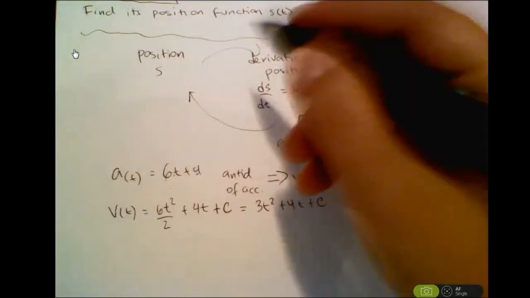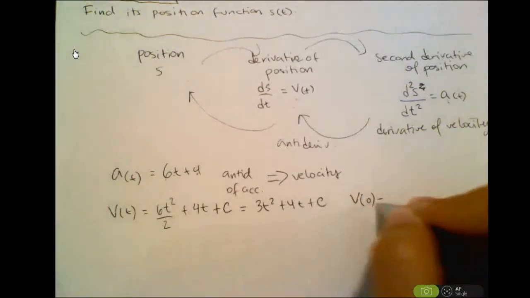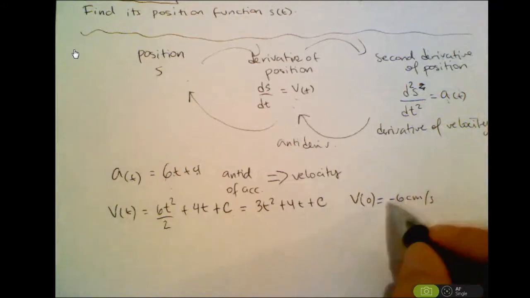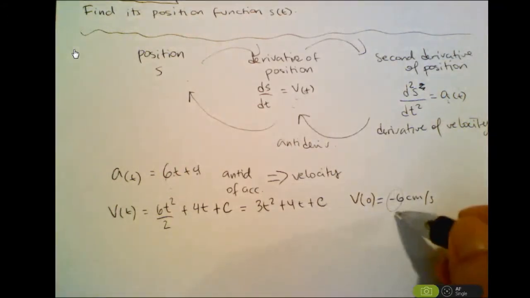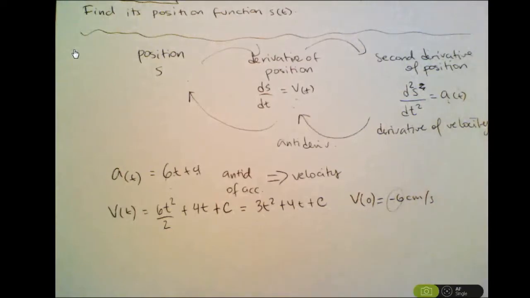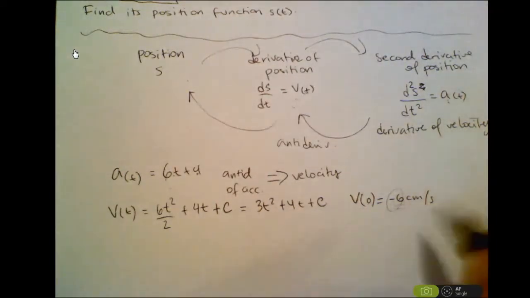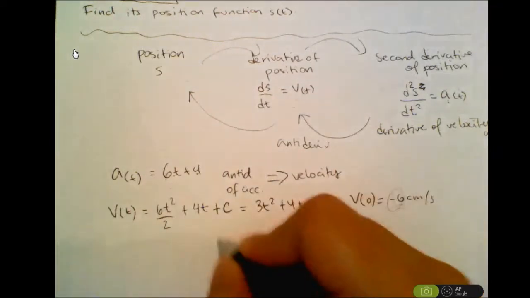Now they give me the condition that when t is 0, v is -6 centimeters per second. So remember that the negative on the velocity means that the particle is going left rather than right. So at the beginning of time, the velocity of the particle is -6 centimeters per second. So I can replace that information here.